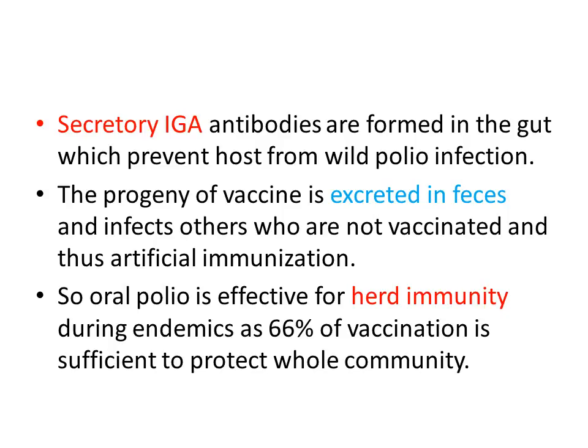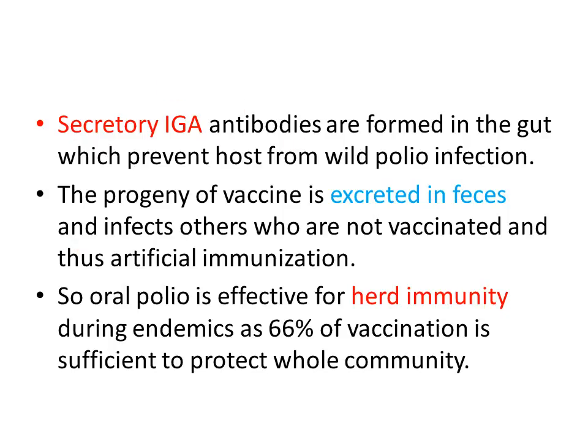This will prevent the host from wild polio infection. If the host is infected by any oral intake of infected food or water, he will be prevented from wild polio infection because these secretory IgA antibodies are formed when we give the oral polio vaccine.